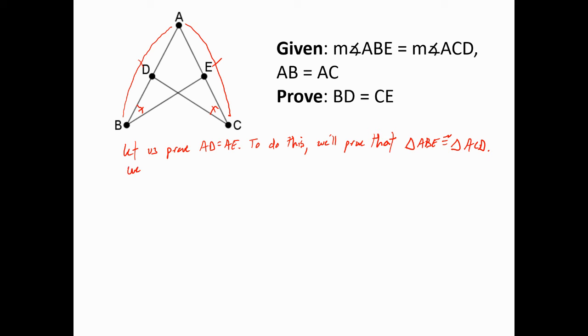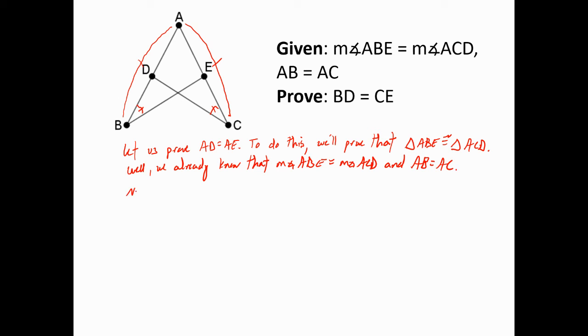So we already know from the given, of course, that the measure of angle ABE is equal to the measure of angle ACD, and likewise that AB is equal to AC. So that's two equations of the three that we need to prove those two triangles congruent.